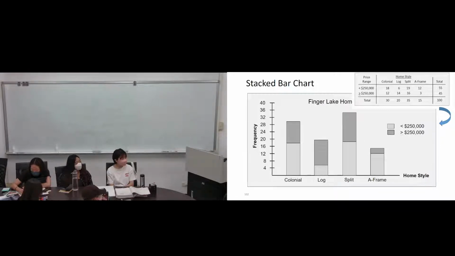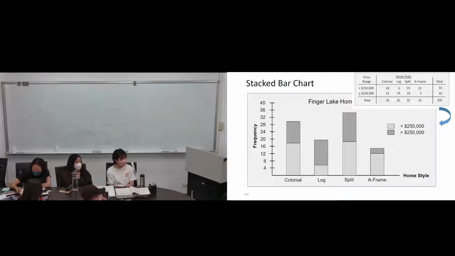And for the split level, out of 35, 19 of them purchased the split below $250,000, and 16 of them purchased the split above $250,000.